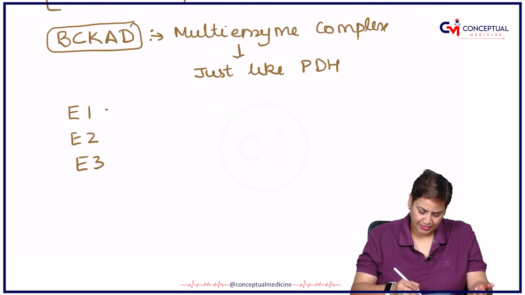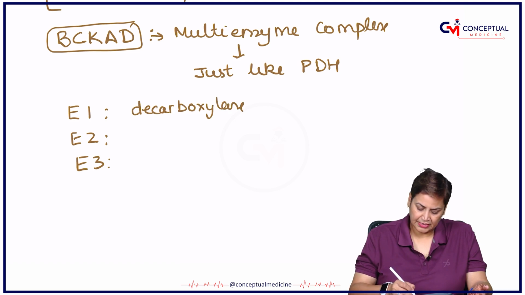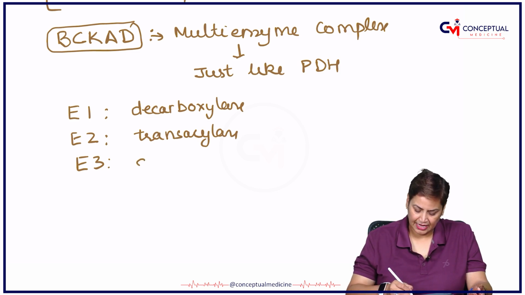Okay, so I'll just mention like this. E1 is decarboxylase. This is transacylase. And E3 here is dehydrogenase.